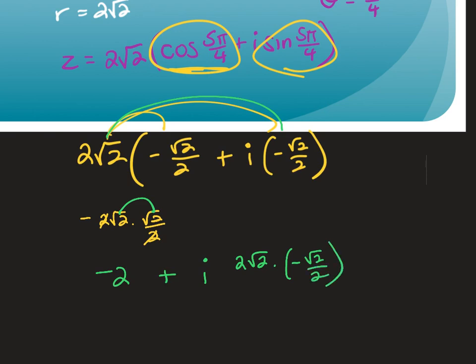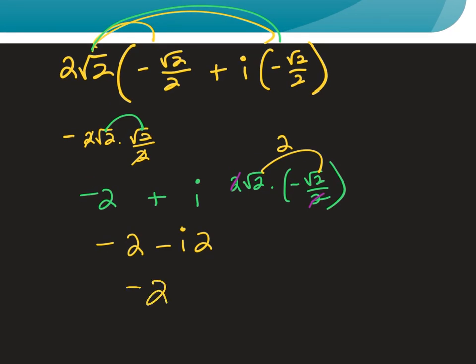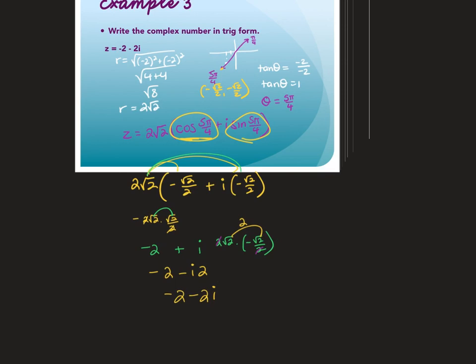It's a lot of 2's. The 2's are going to cancel, root 2 times root 2 is 2, and I get negative 2. That's negative 2 minus 2i, which is the same as the original question. So all of these can be checked by working backwards to double check your answers, as long as you know those unit circle angles.